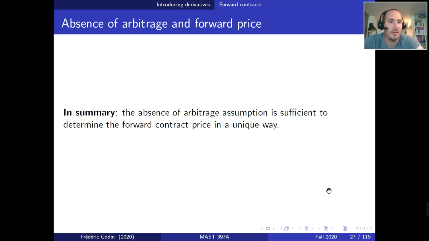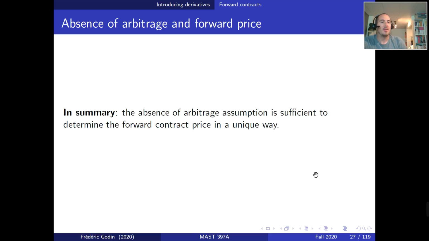And we just showed that using mild assumptions, which is the absence of arbitrage, there was a unique value that made sense for the strike price of the forward contract, and this value is the forward price of the asset, which was defined according to the formula S_t divided by Z(t,T).